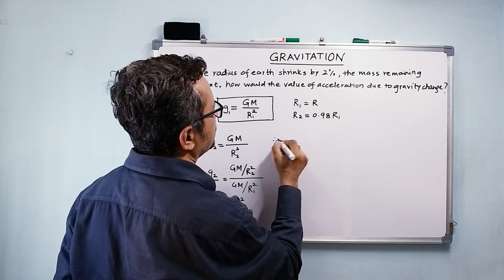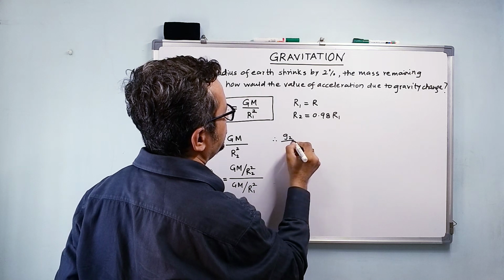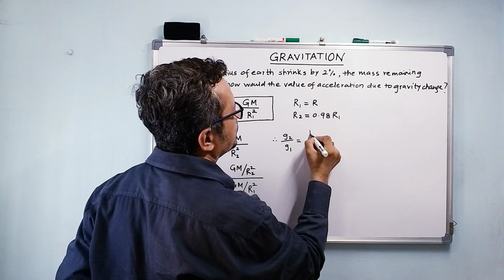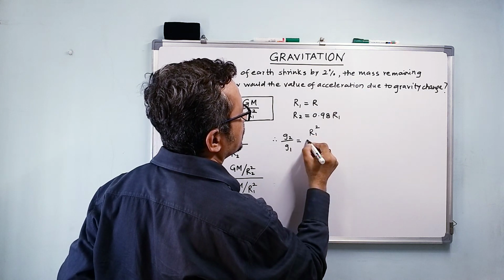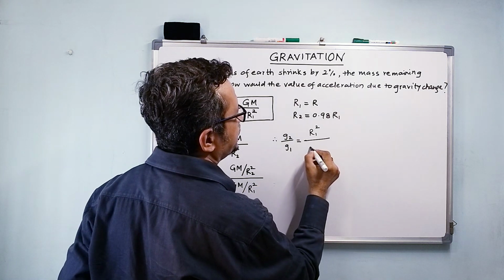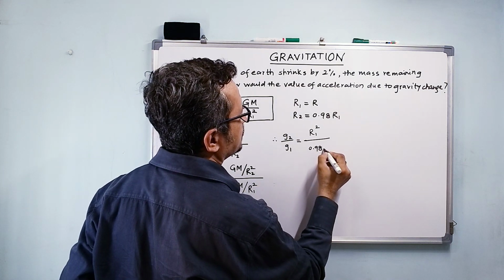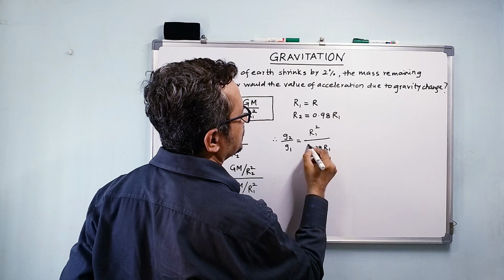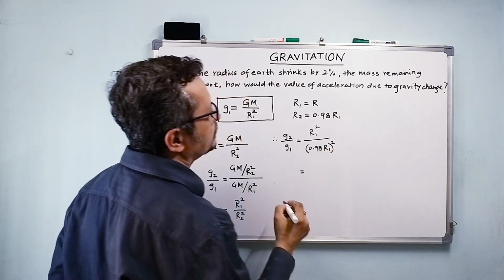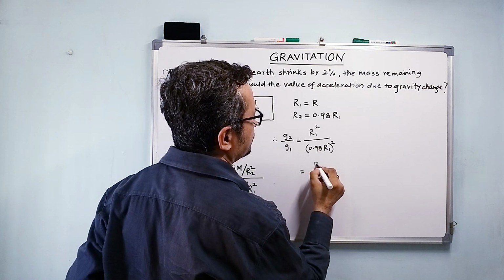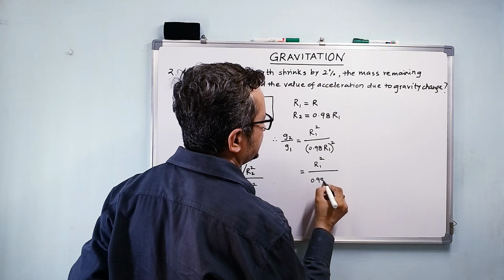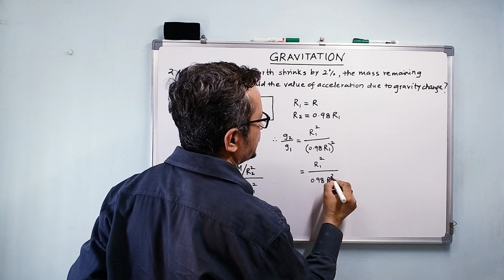Therefore g2 upon g1 is equal to R1 square upon 0.98 R1 whole square, which will be equal to R1 square upon 0.98 square into R1 square.